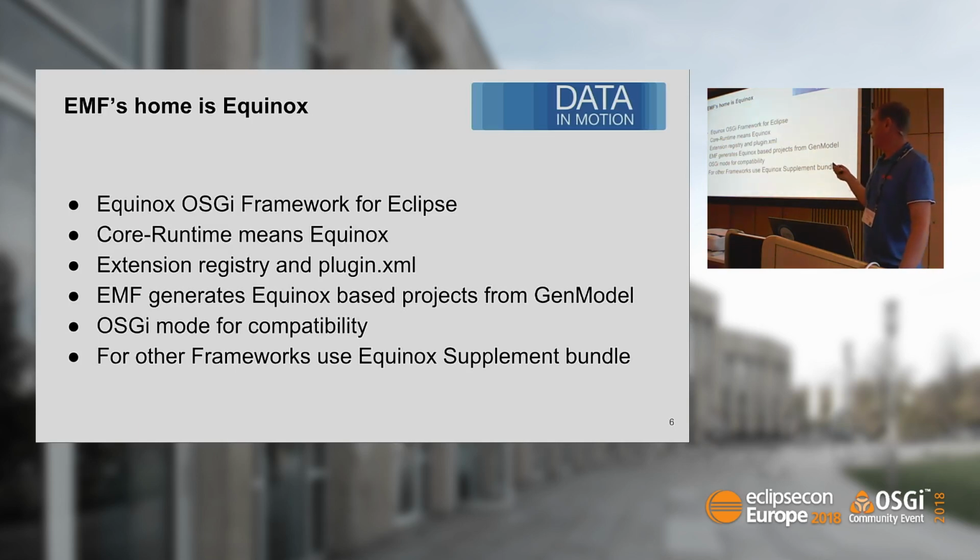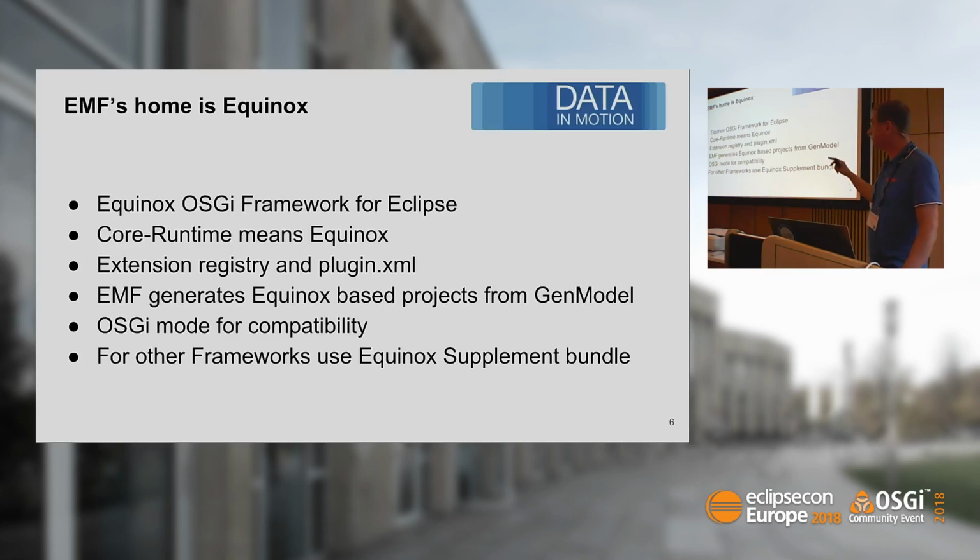And Equinox has an extension registry, and this extension registry reads the plugin.xml. This is a file where you can define your extensions. This plugin.xml, as I told, is generated by EMF itself. If you generate code, you get all the registration stuff in there.